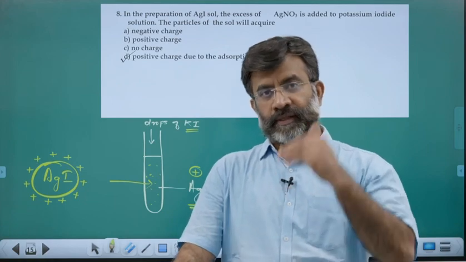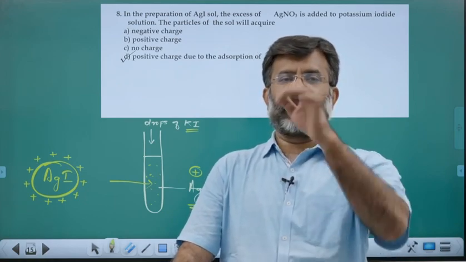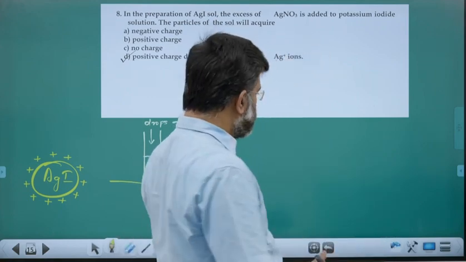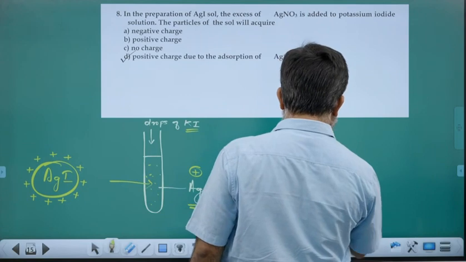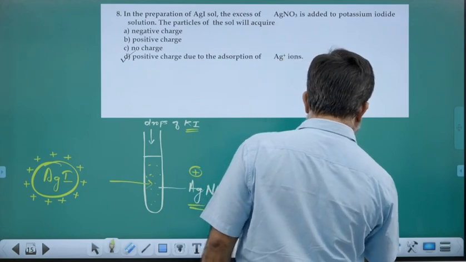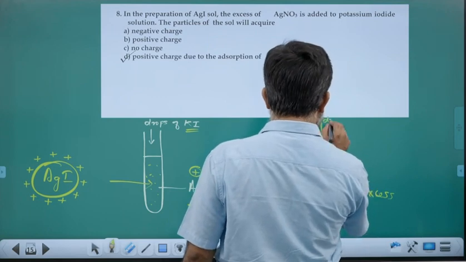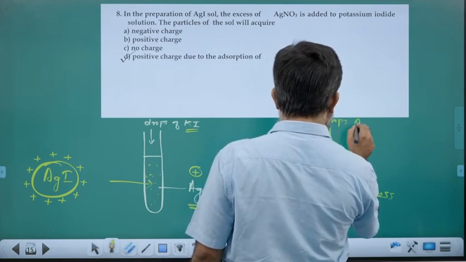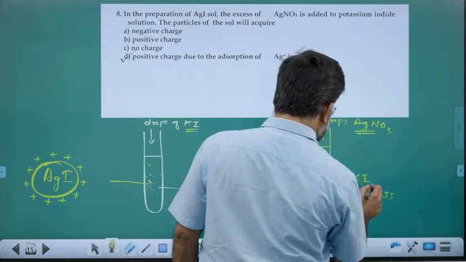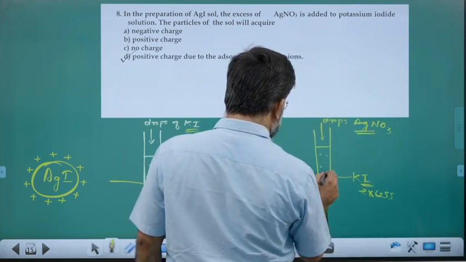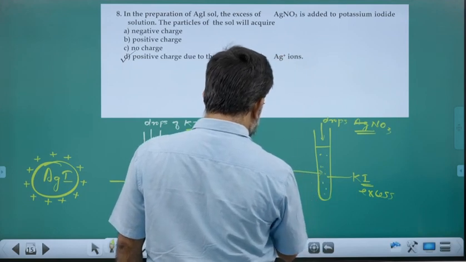If you take excess of KI and limited quantity of AgNO3, just imagine you are doing it the other way. You are taking excess of KI and you are adding drops of AgNO3. What will happen? Ag reacts with I and you are getting the salt produced here. You are getting AgI once again.